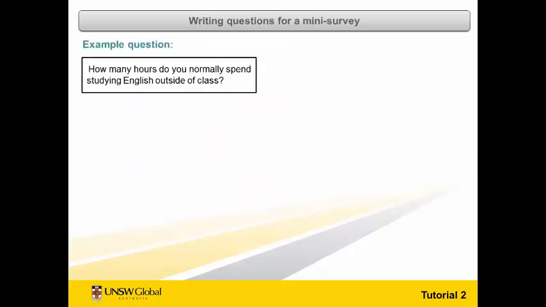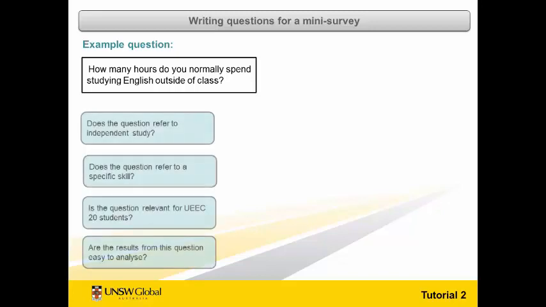Let's look at an example question. How many hours do you normally spend studying English outside of class? It's a good idea to check and evaluate your questions to ensure you have the best survey results. So we can ask a few questions. First, does the question refer to independent study? Yes. Does it refer to a specific skill?